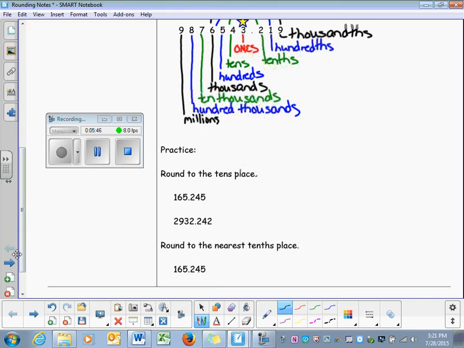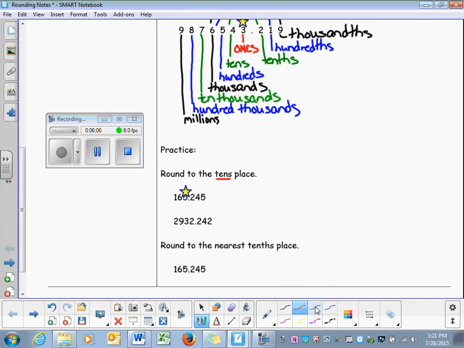So, round to the nearest tens place. Tens, there's no TH on the end of that. As I look at this, let's identify my ones. My ones place is the 5.